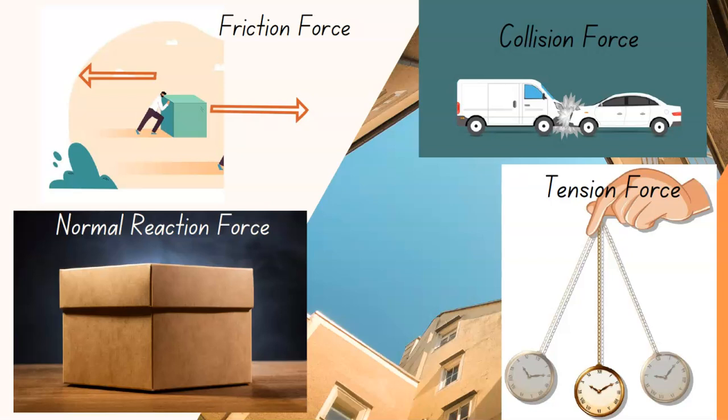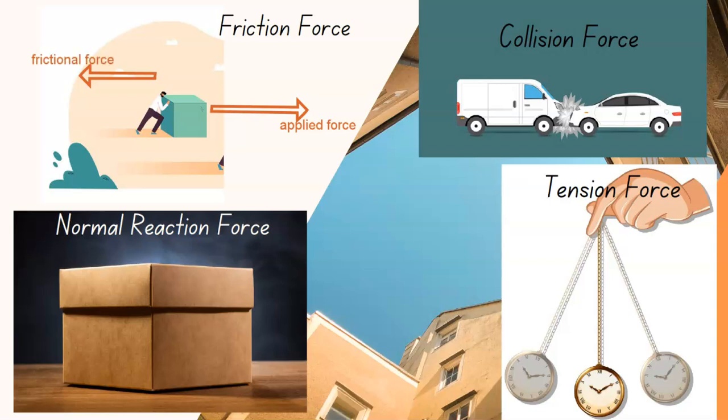But the frictional force cannot act until and unless that box is in contact with the ground. You can see both the forces are in opposite direction. There is an applied force which is acting towards the right hand side, and there is a frictional force that is acting towards the left hand side.